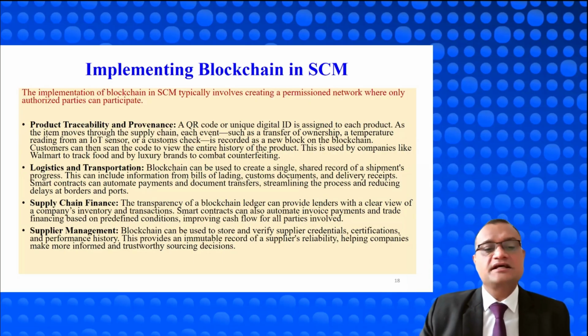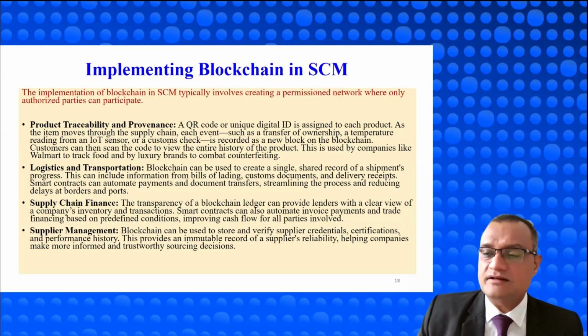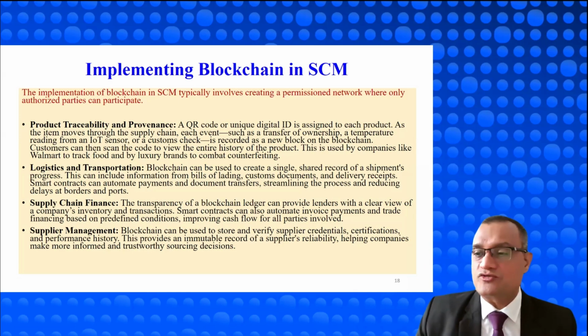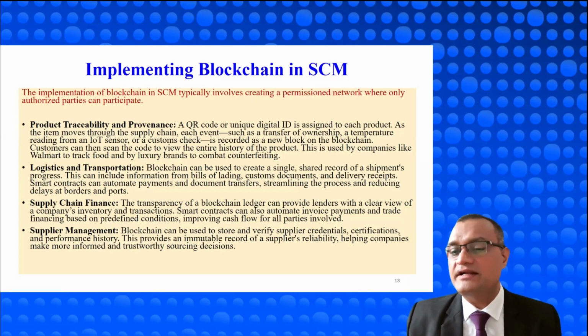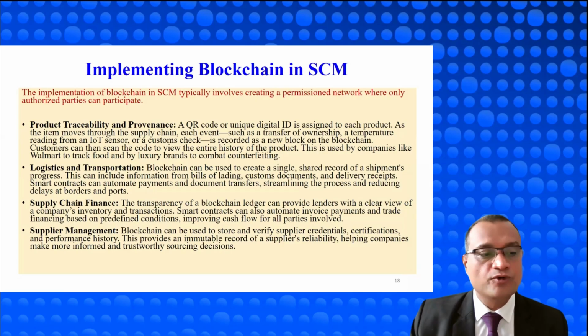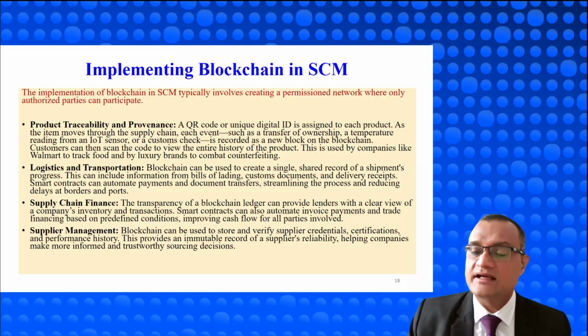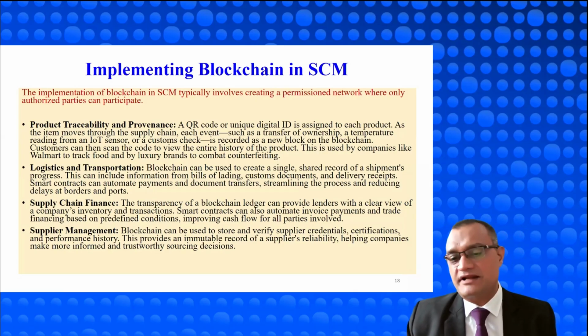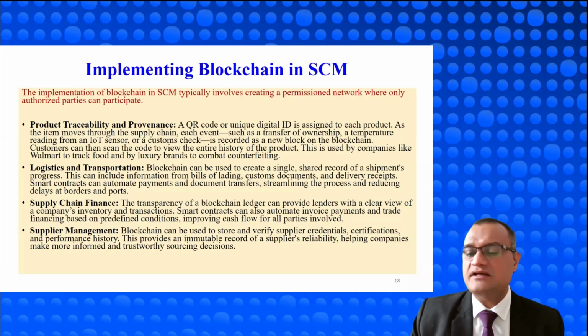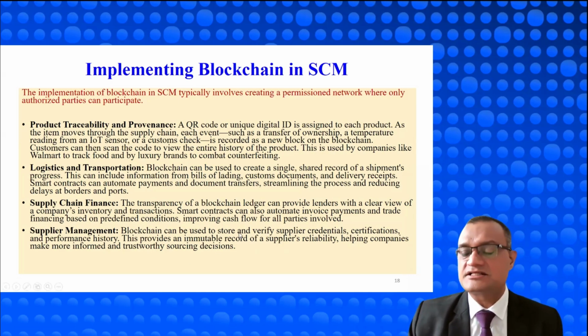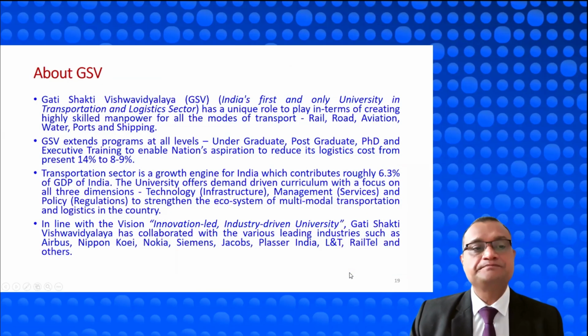Supply chain finance is another dimension where blockchain implementation is advantageous. The transparency of the blockchain ledger can provide lenders with a very clear view of a company's inventory and transactions. In supplier management, blockchain can be used to store and verify supplier credentials, certifications, and performance history, and this tracking can help you improve your supply chain contracts and the reliability of suppliers, helping companies make more informed decisions about their sourcing.